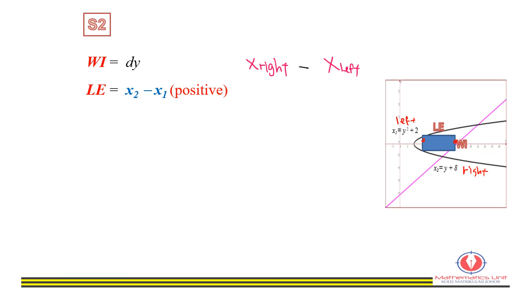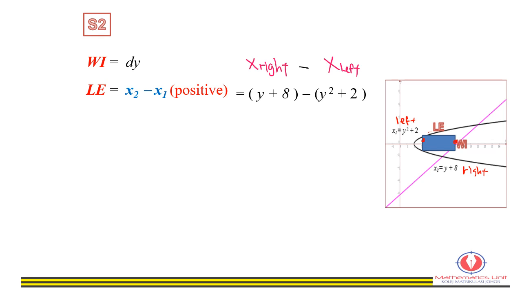The black line is the left line, which is y squared plus 2. So we put into the function y plus 8 subtract y squared plus 2. Please make sure that you put the function of length correctly.